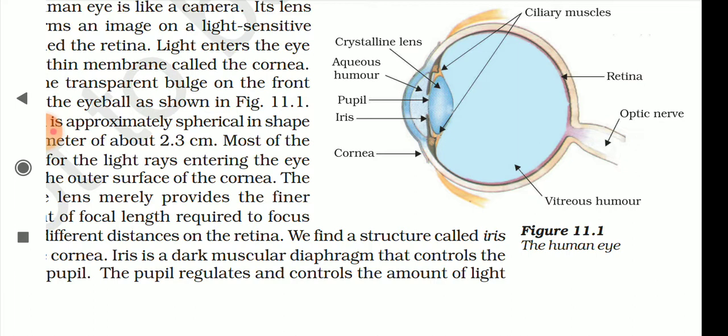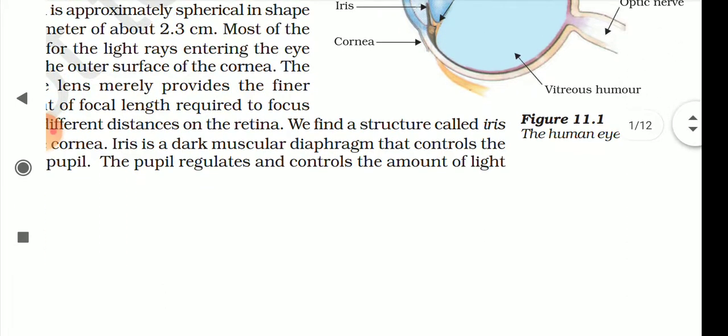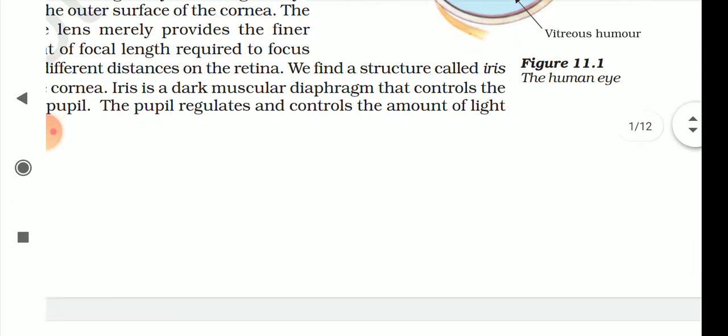So that is the pupil, and the pupil controls the amount of light entering our eye. Say for example, if we are in the dark and somebody suddenly switches on the light, our eyes get closed by themselves. This shows that the pupil is regulating the amount of light that should enter our eye.